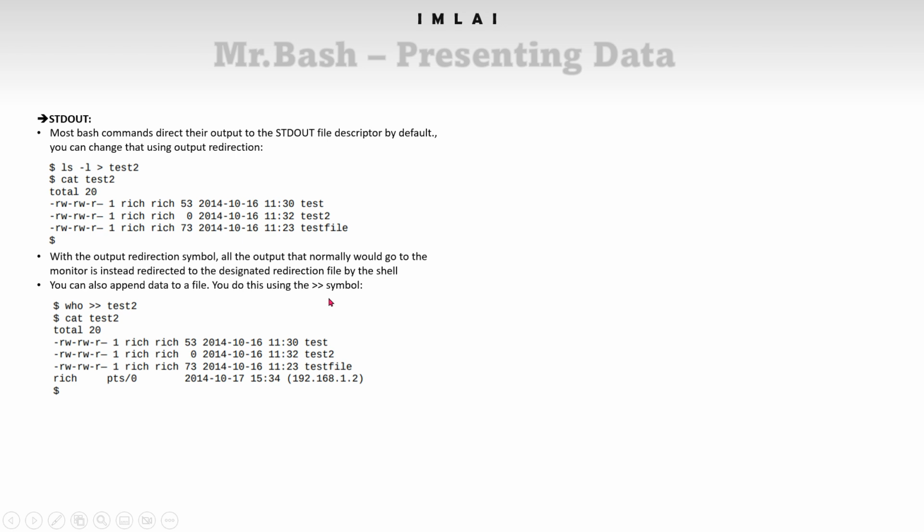For example, in this case, if you take this example, who, then double greater than symbol, and then test2. The output generated by the who command is appended to the data already in the test2 file. However, if you use the standard output redirection for your script, you can run into a problem.